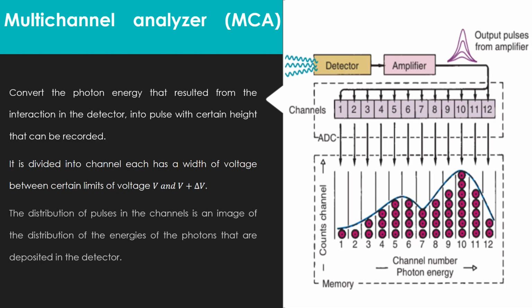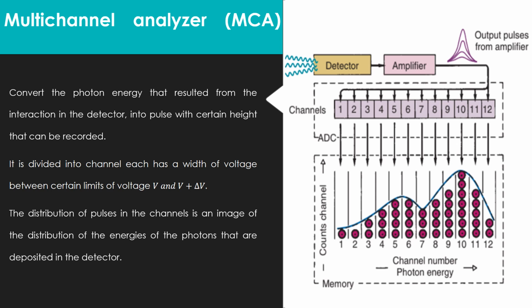So now I reach the multi-channel analyzer, MCA. It's used to convert the photon energy that results from the interaction in the detector into a pulse with a certain height that can be recorded. It's divided into channels. Each has a width of voltage between certain limits, V and V plus delta V. What do I mean by this?